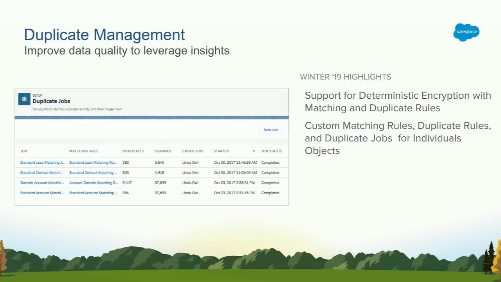We are also providing matching capabilities, deduplication, and alert capability for the new individual objects, which are used to capture all the privacy selections from individual members, so we can have one single source of truth for all the privacy choices from our end users.